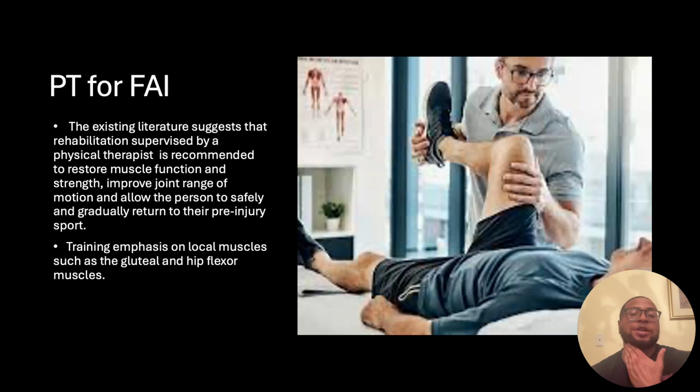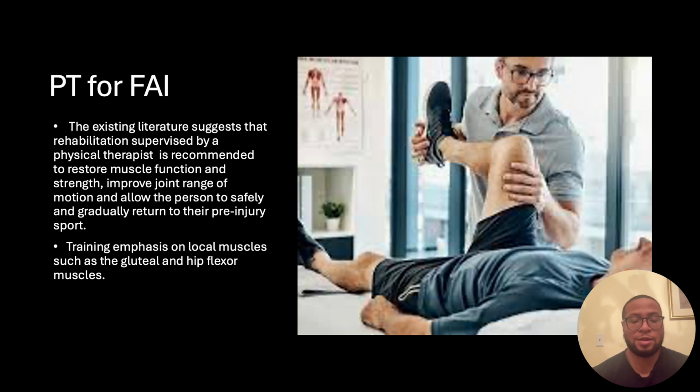So when it comes to physical therapy for FAI, there is existing literature to suggest that rehabilitation supervised by a physical therapist is recommended in order to restore muscle function and range of motion so the athlete can return to their pre-injury sport, hopefully at a better level of play than before they got injured.